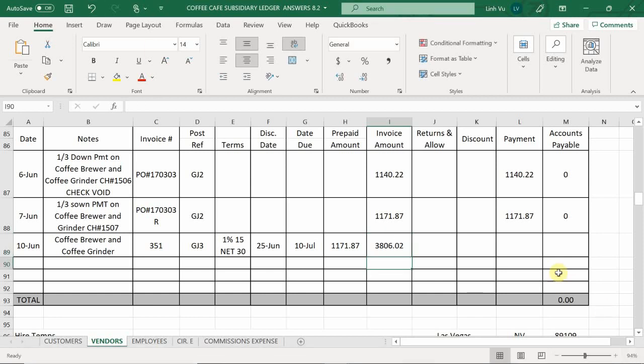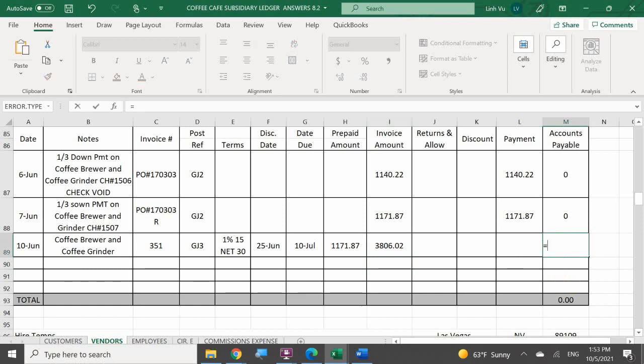So if I apply my formula, I have an invoice amount minus my prepaid, because prepaid accounts will decrease it. The down payment will decrease it, as will any returns, any discounts, and any payments. So in this case, it shows me that I owe $2,634.15 remaining, which is true, right? That's my billed invoice amount that I actually owe.